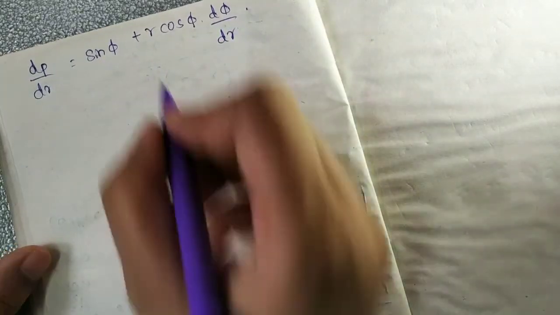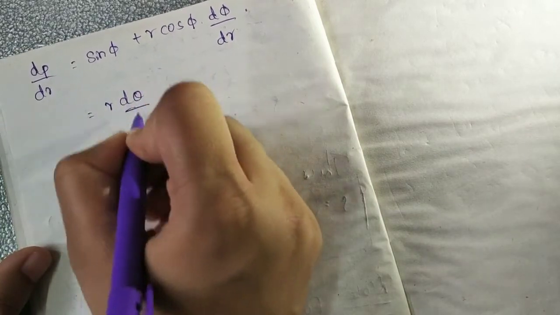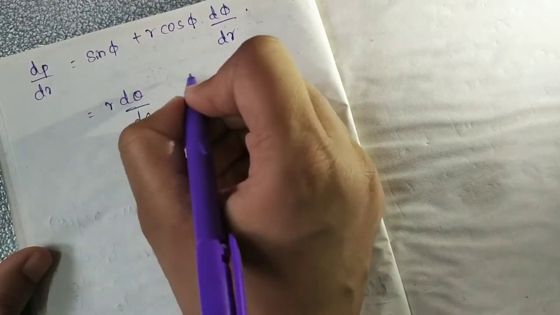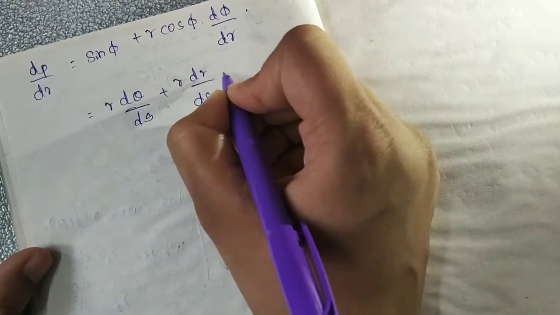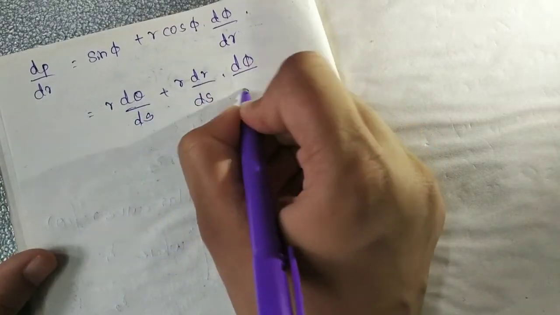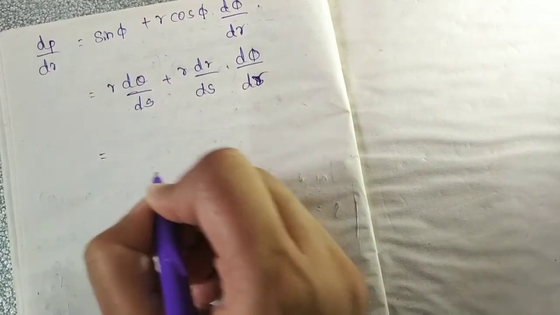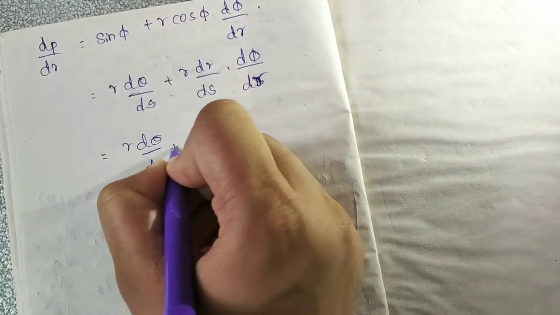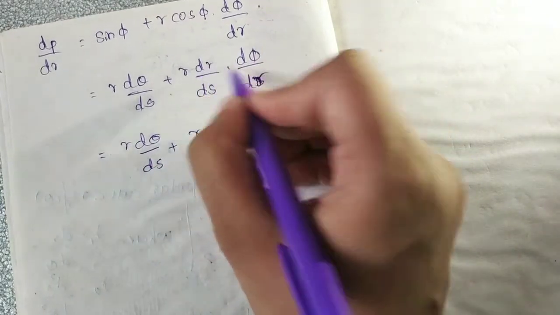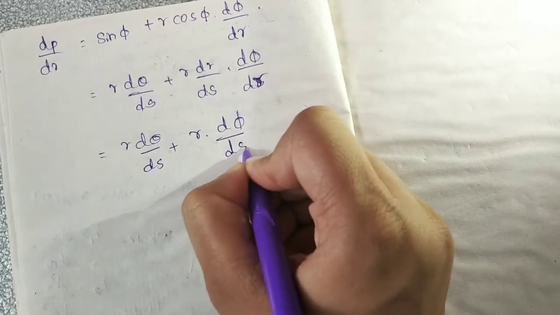R into dθ/ds plus r into dr/ds into dφ/dr. So it will be equal to r into dθ/ds plus r into, here dr is there, so we can write dφ/ds.